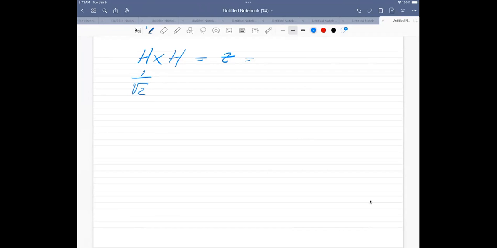Now if you look a little bit closer at the Hadamard gate, which I wrote in the previous slide, which is 1, 1, 1, minus 1, this can be written as the sum of two of these Pauli matrices. Do you see on the fly which one that could be? So let me just remind you of the Pauli matrices.